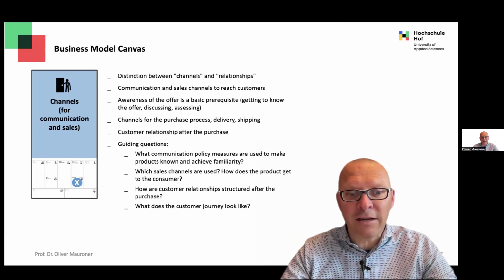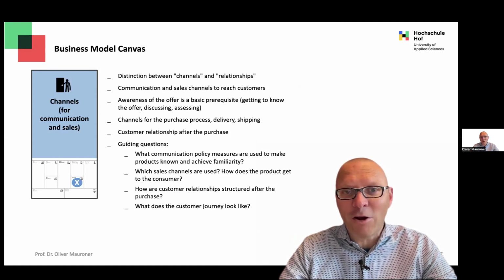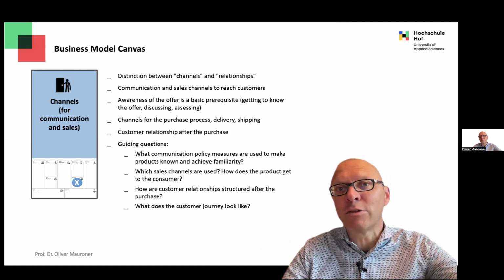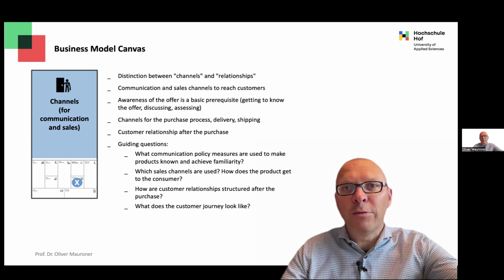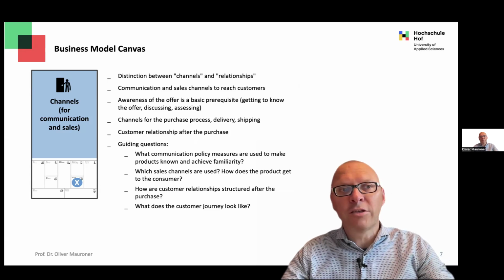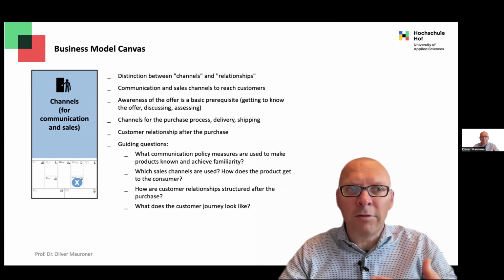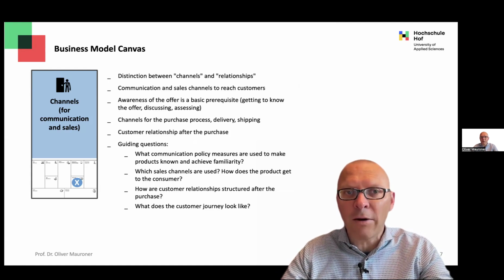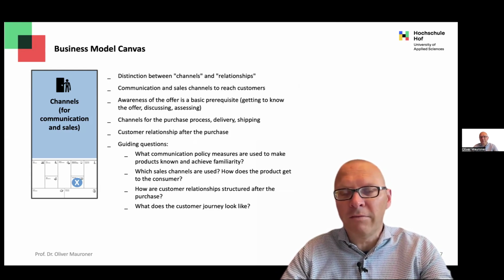So speaking of channels, let's talk about the channels. Channels is the next building block. They describe how the products and services reach the customers in terms of sales, but also in terms of communication. This could be through online platforms, through physical stores, through direct sales, or even third-party partners.